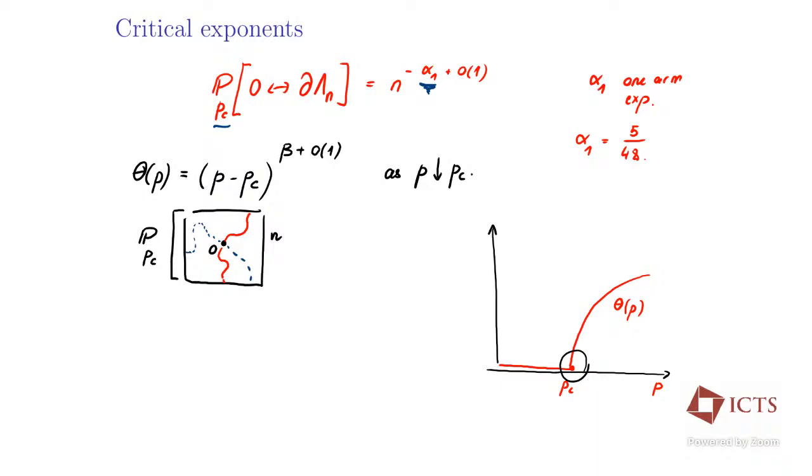This is called a four-arm event. And it's expected to be equal to n to the minus alpha 4, where alpha 4 is also one of these critical exponents, and it's 5 over 4. Okay, so here are three critical exponents.